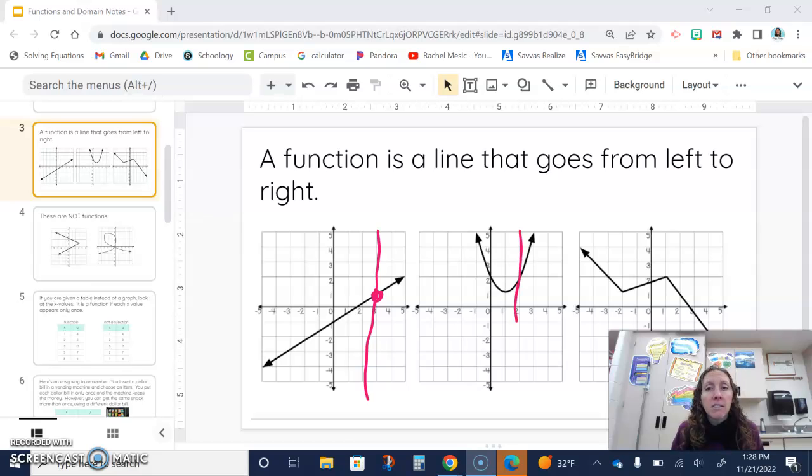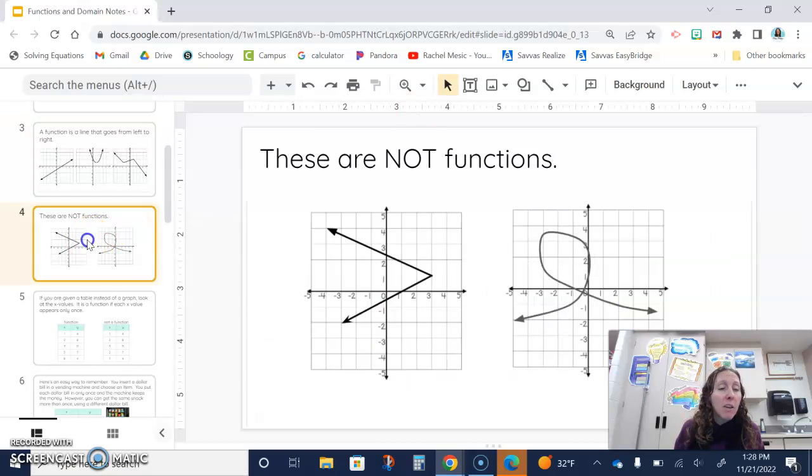If I draw a line here, it only passes through that line once. Okay, if I went to these that are not a function and I drew a line, let's say here, that passes through it 1, 2, 3 times, and that's not okay.